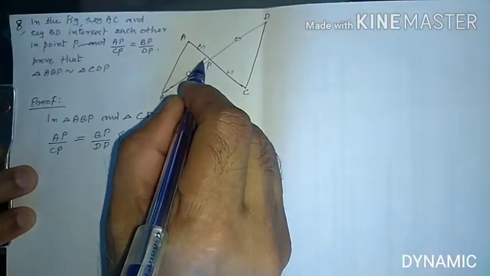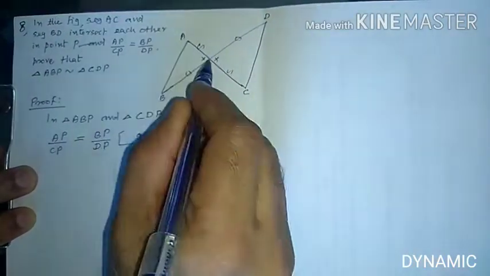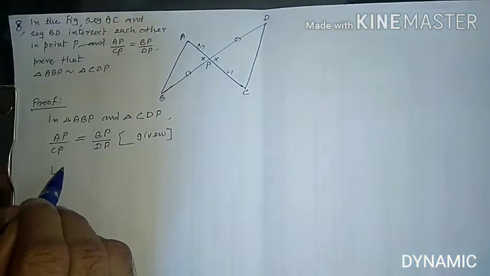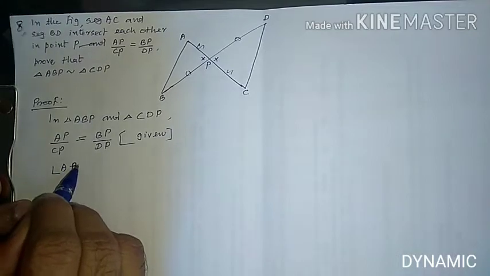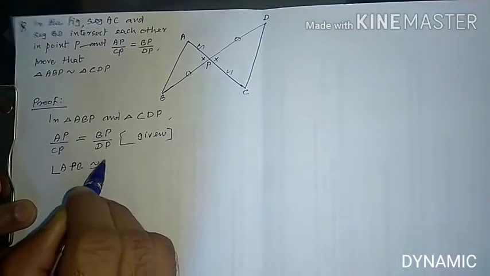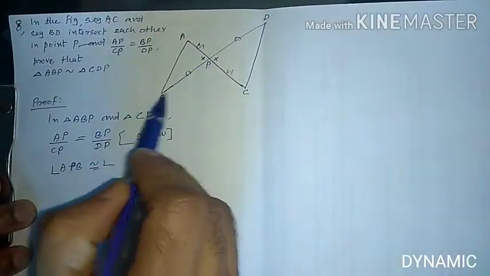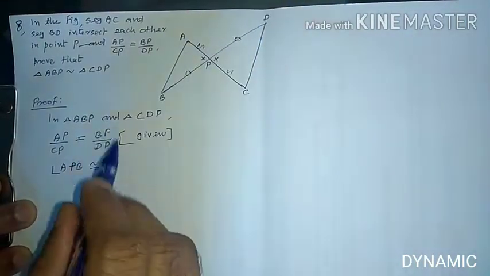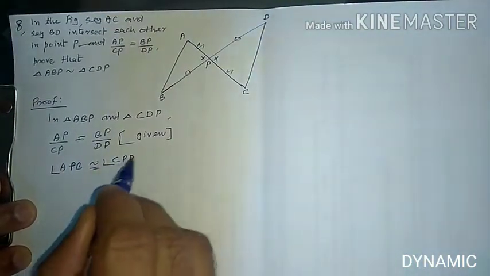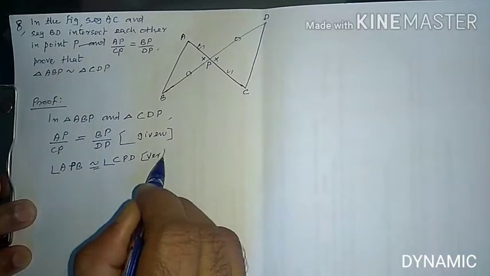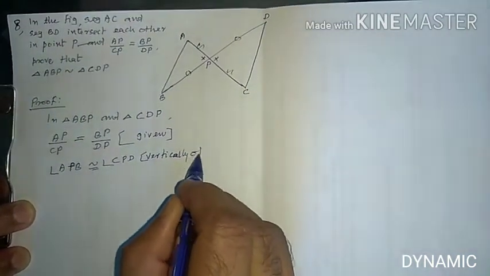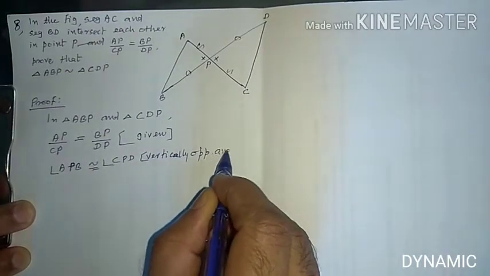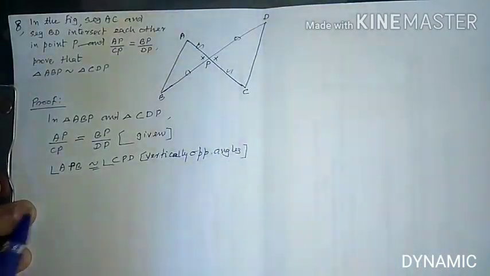So we consider these vertically opposite angles. Angle APB is congruent to angle CPD. What is the reason? Vertically opposite angles.